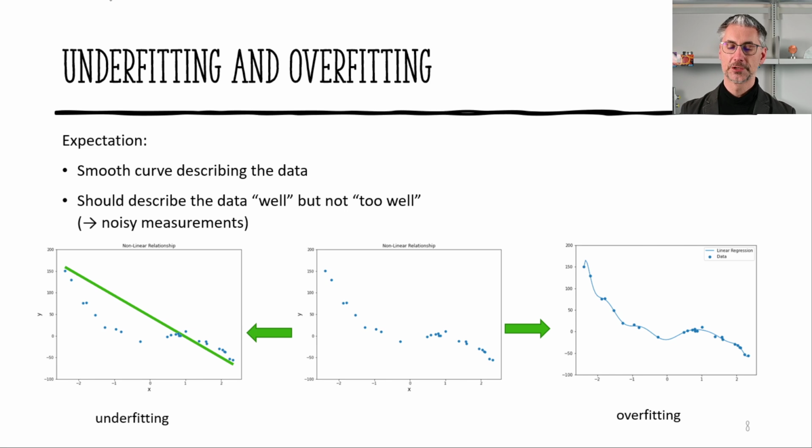It's a very simple straight line, but we can see that it doesn't really capture what the data looks like. On the other hand, on the right, we see that the fitted curve has a lot of wiggles, and we don't really expect this to happen either, because there is probably some noise in the data. So we expect that whatever we fit will go through those points, but not through every single point individually and exactly.